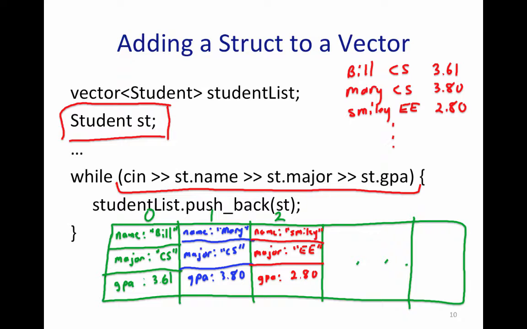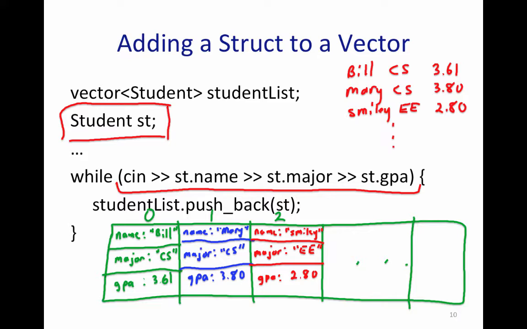Just like regular reads, we give the variable names, but in this case, as we read into each individual member field, we have to give its name and the object it's associated with. In this case, st.name, st.major, and st.gpa.